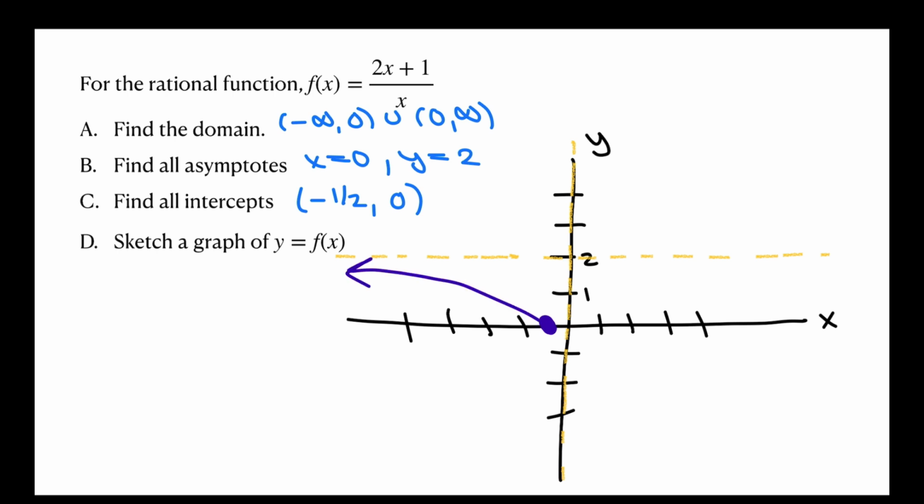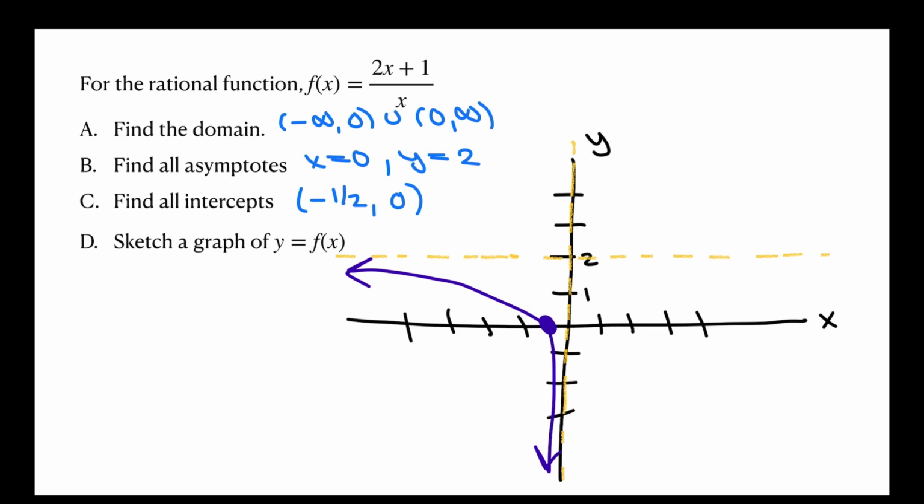I know that it has to just approach that horizontal asymptote. So on the left side, our graph is approaching our horizontal asymptote. And then on the right side of that x-intercept, we have to be approaching our vertical asymptote. So my graph should go down towards x equals 0.